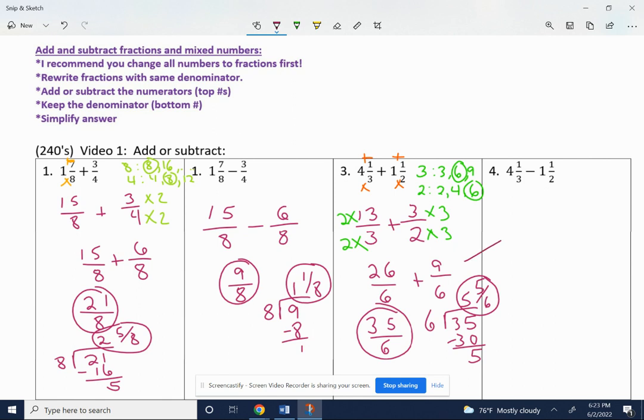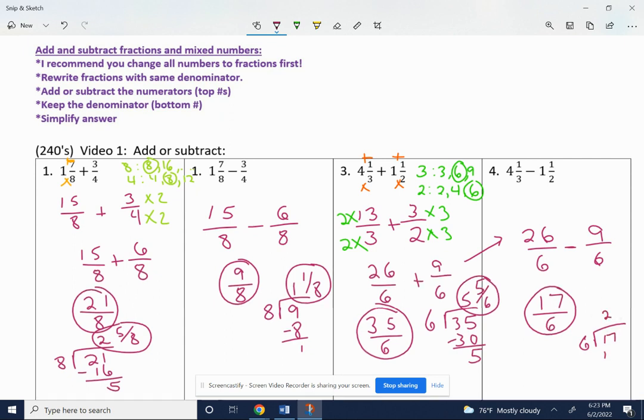On the subtraction problem, you're still going to end up with 26/6 and 9/6, but it's going to be a subtraction problem. So that's going to leave you with 26 minus 9. Let's see, that's 17/6. You can make that a mixed number. 6 goes into 17 twice.